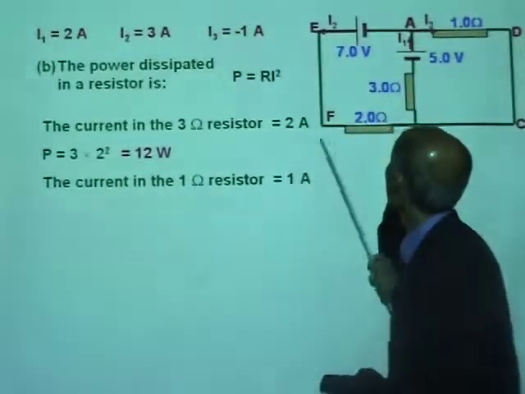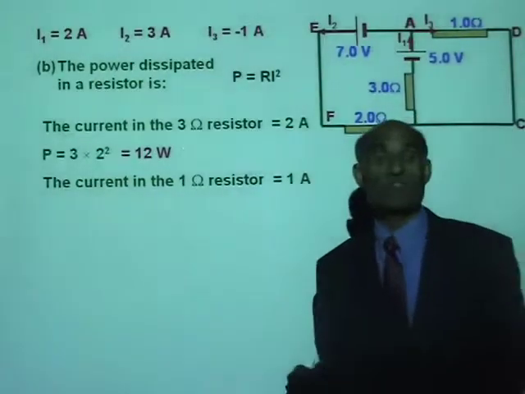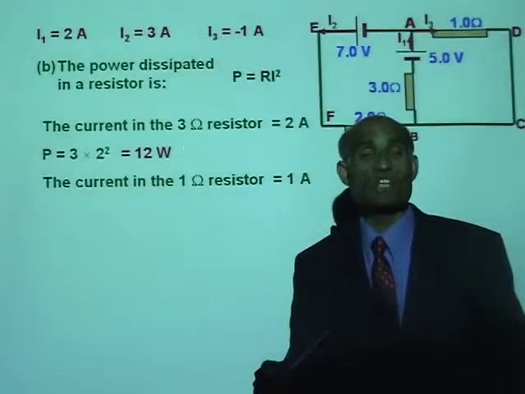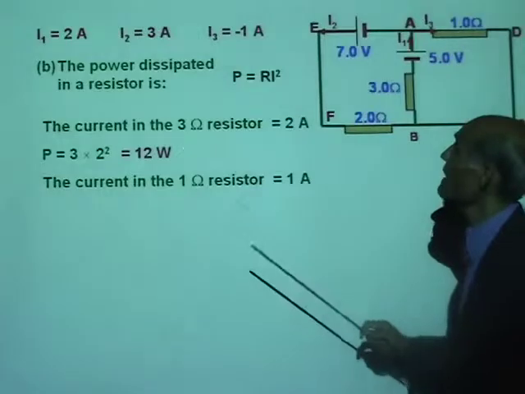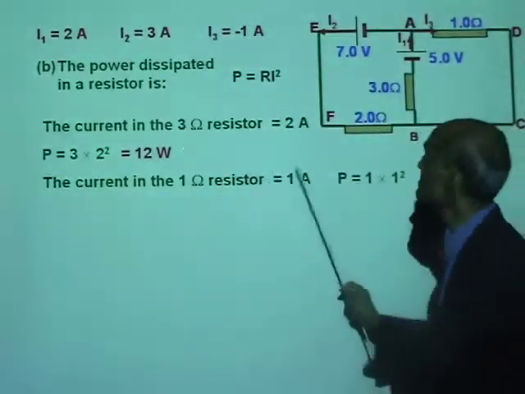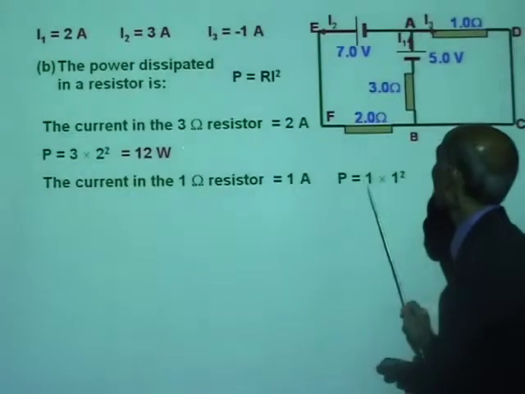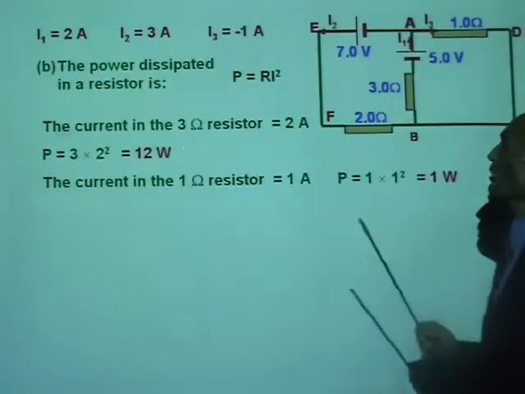The current in the 1 ohm is 1 ampere. Now remember, as far as the power dissipated is concerned, the sign doesn't matter. So we only need the positive. It's going to be squared anyway. So the power dissipated is RI squared, 1 times 1 squared. That is 1 watt.